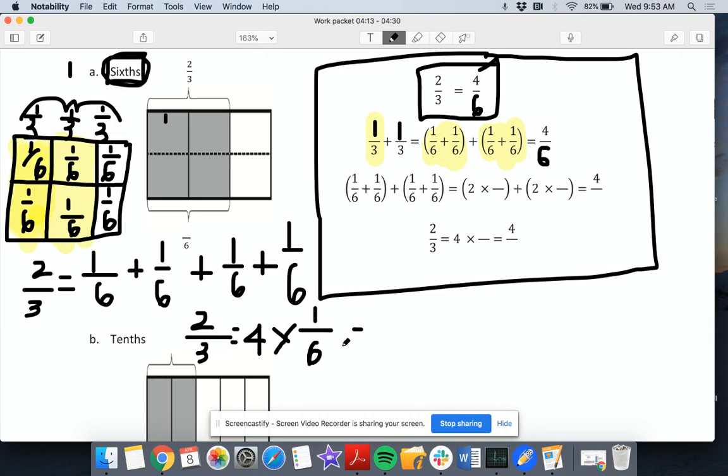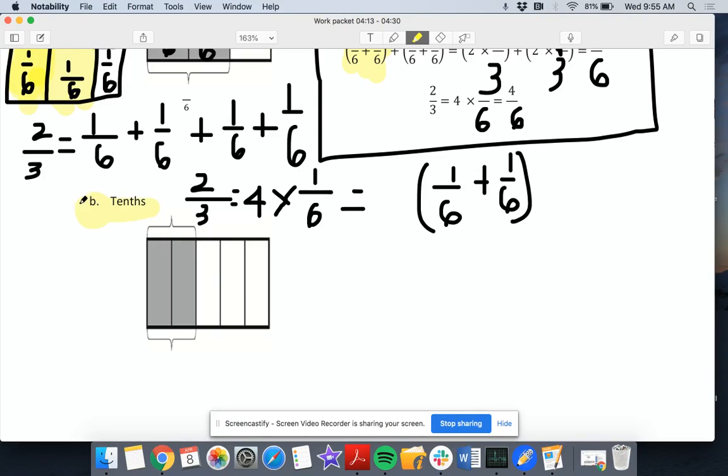Or we can also say, right here, 2/3 is equal to 4 times 1/6, which is equal to 4 sixths. What else can we say? We could say 1/6.